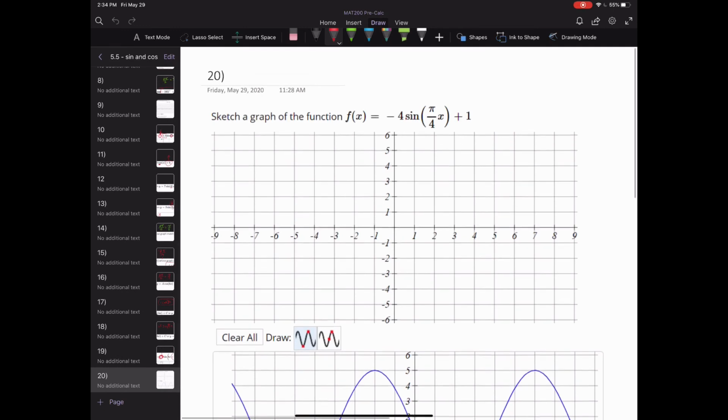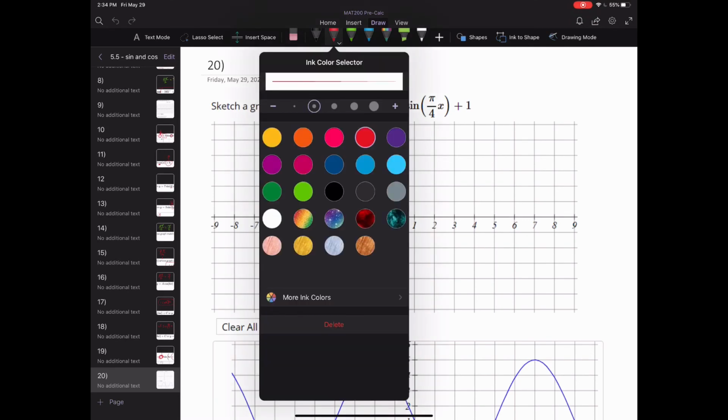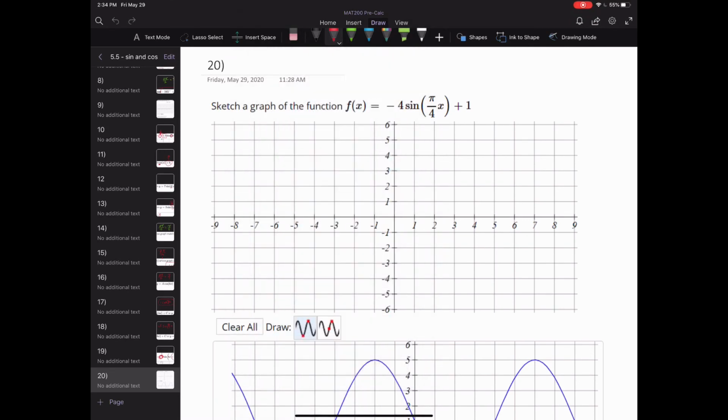Last but not least. Alright. Flipped. Amplitude is 4. Period: 2 pi over pi divided by 4, which is like saying 2 pi multiplied by 4 over pi, which is just 8.